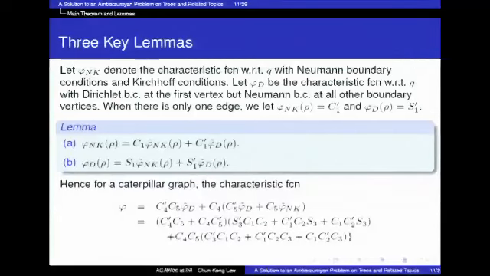Okay. So for a caterpillar graph, I can decompose it one by one. Sorry, this is a caterpillar graph. We have several edges, but this is the simplest caterpillar graph. And I will show you later the so-called reduction formula.